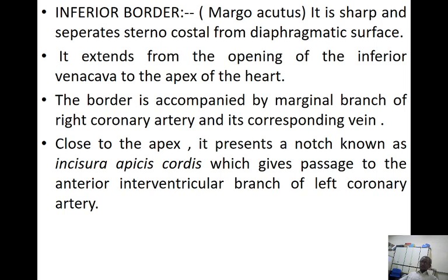Close to the apex, it presents a notch known as incisura apicis cordis, which gives passage to the anterior interventricular branch of the left coronary artery.